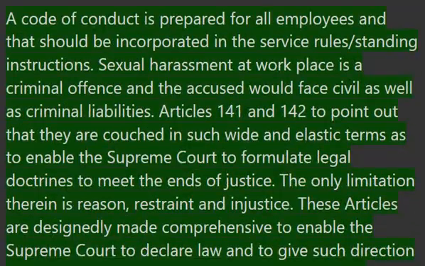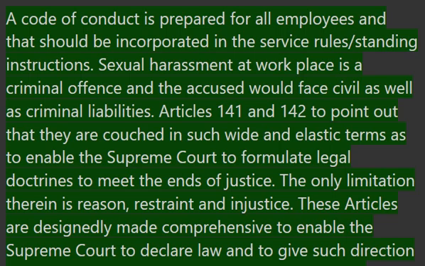A code of conduct is prepared for all employees and that should be incorporated in the service rules standing instructions. Sexual harassment at workplace is a criminal offense and the accused would face civil as well as criminal liabilities.